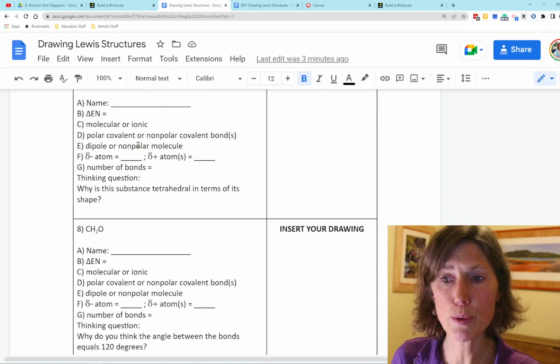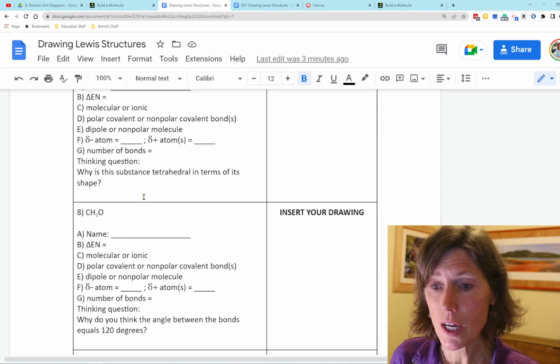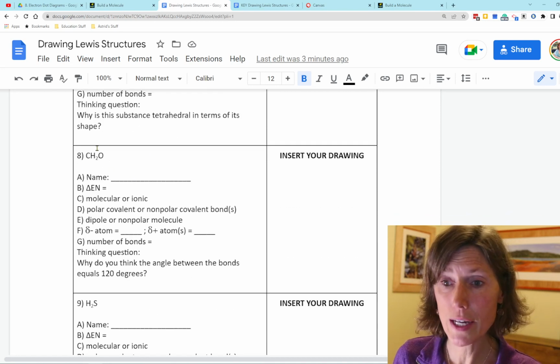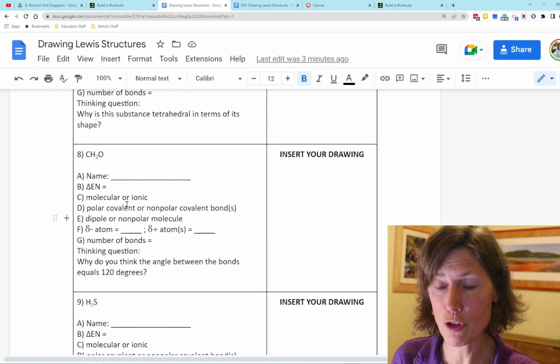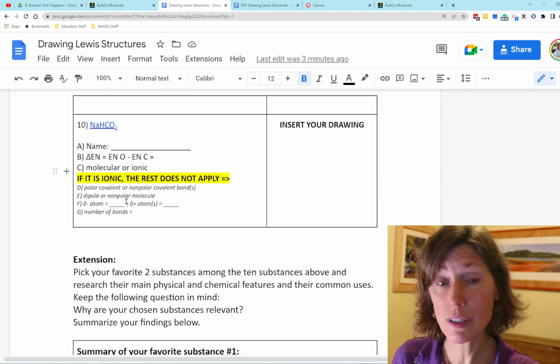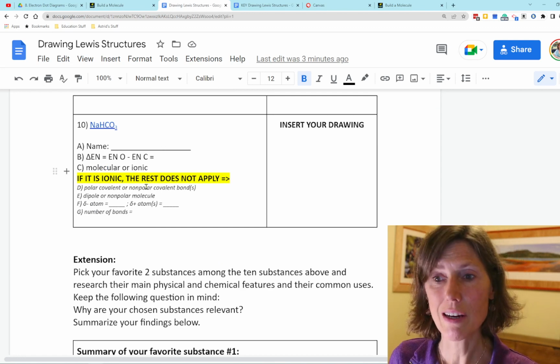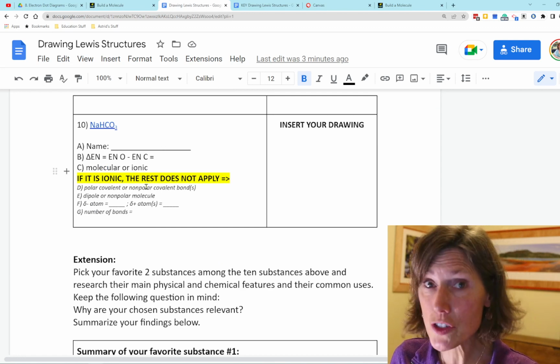The other one I chose is methane, itself another greenhouse gas. And I also chose formaldehyde, methanol, as another one for them to draw, hydrogen sulfide, and then lastly, and pretty importantly, because it's pretty much in everybody's kitchen, sodium bicarbonate, baking soda.